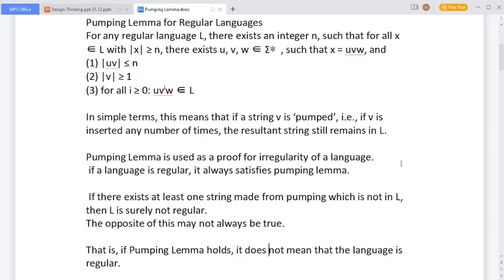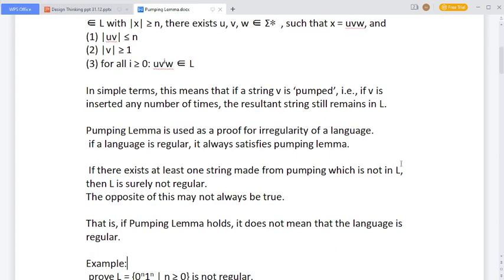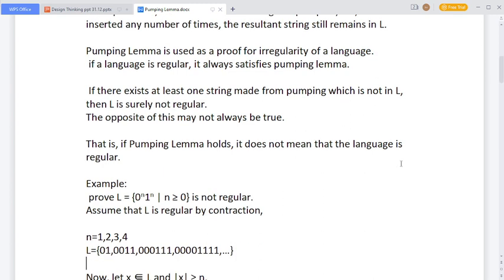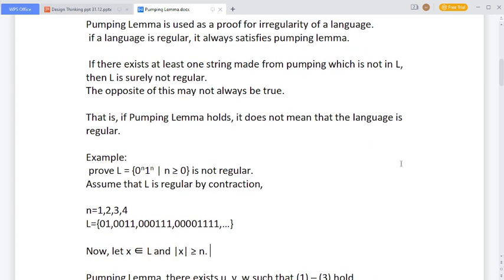The pumping lemma is used to prove the non-regularity of a language. If the language is regular, it always satisfies the pumping lemma. So a regular language should satisfy the pumping lemma.